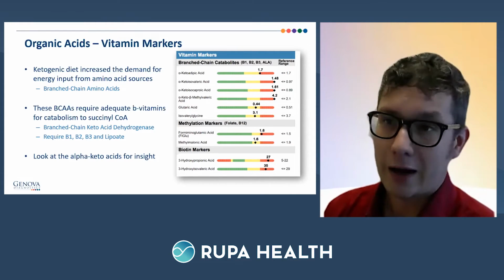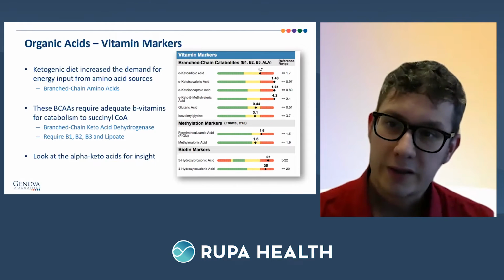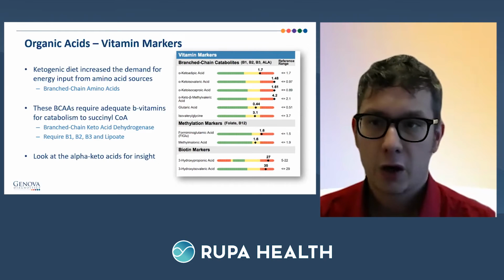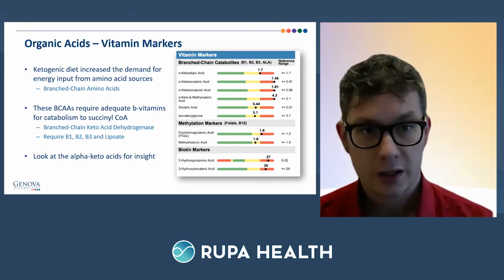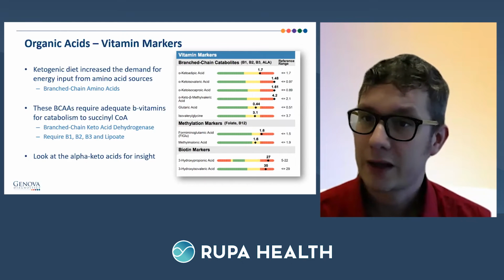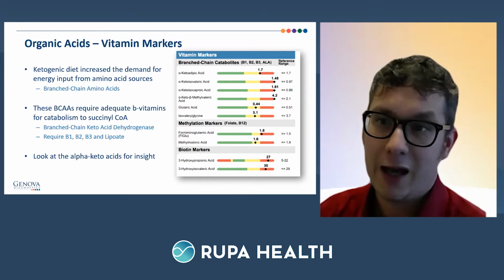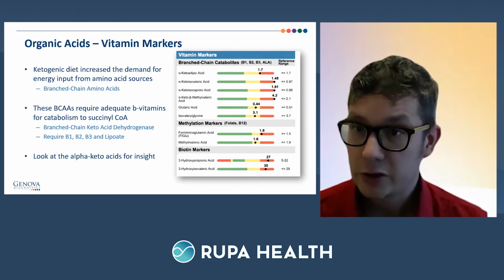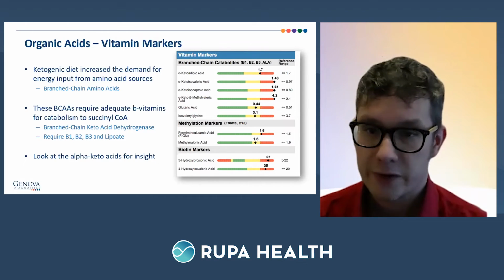So if these are on the higher side, then I might be suspecting that, again, we have that energy shift going away from glucose burning and into using other sources for fuels. So if I see this in excess, there's two things that I think about to help. Branched chain amino acids themselves, right? Making sure adequate protein is refilling the system.